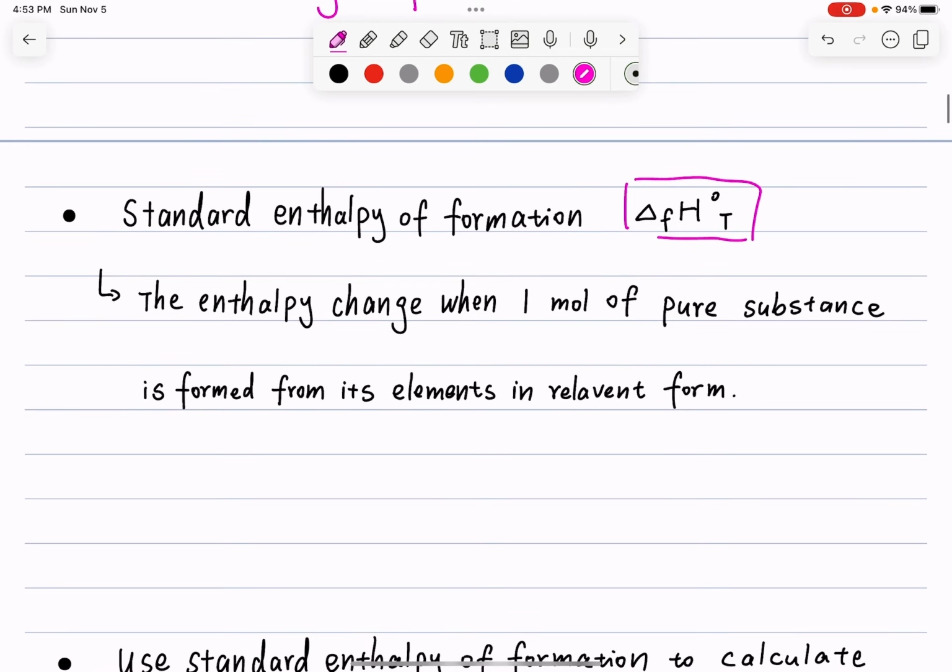So let's do an example here. Let's assume we have temperature equal to 307 K. We have P naught equal to 1 bar, so that's our standard pressure. And we're assuming all gases are ideal.